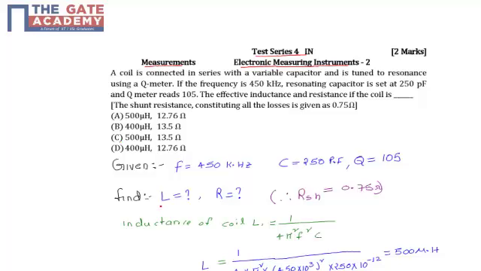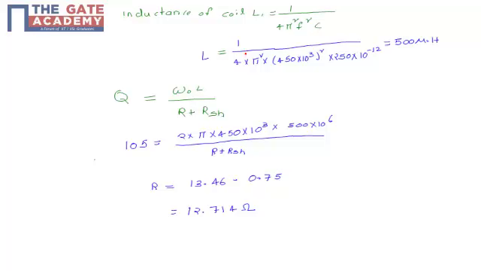In order to find the effective inductance and resistance, first we will calculate the inductance of the coil, that is the effective inductance: L is equal to 1 by omega naught square C, where omega naught is 2 pi f, so that is 1 by 4 pi square f square C. The frequency is given as 450 kilohertz and the resonating capacitor is 250 picofarad.